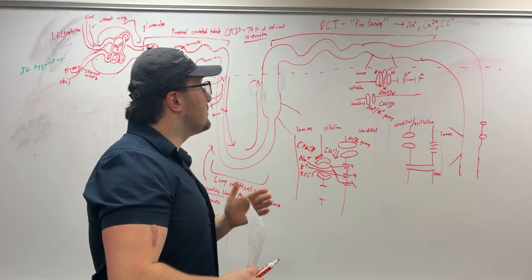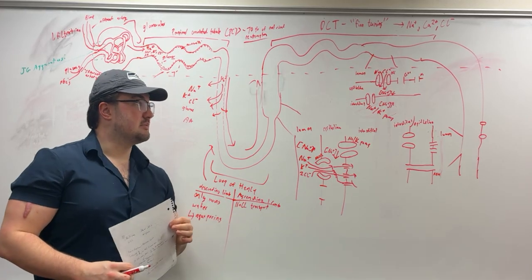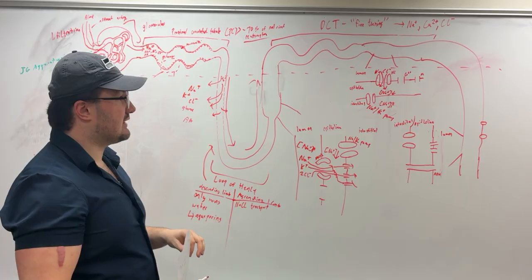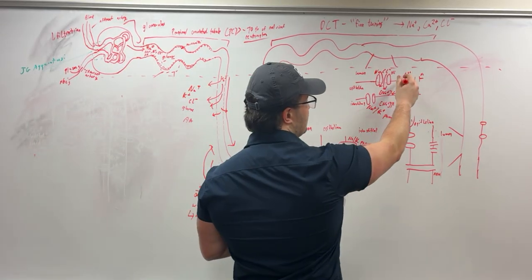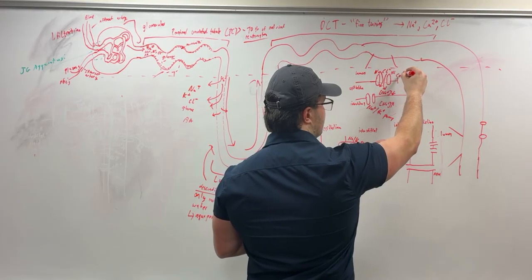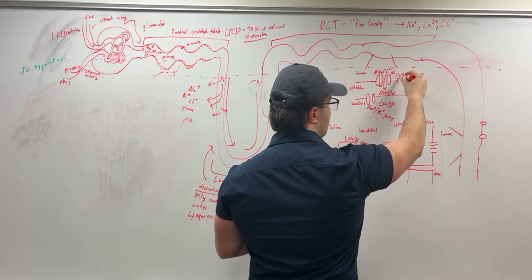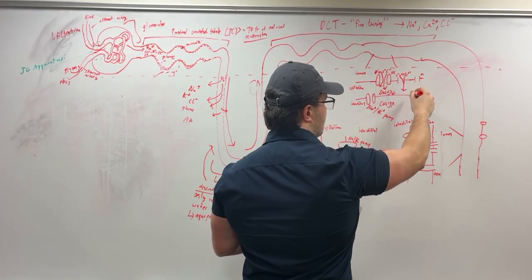But sort of the unique part of the distal convoluted tubule is going to be the calcium channels and the calcium exchangers. So we have calcium channels which can allow calcium to sort of passively flow into here.